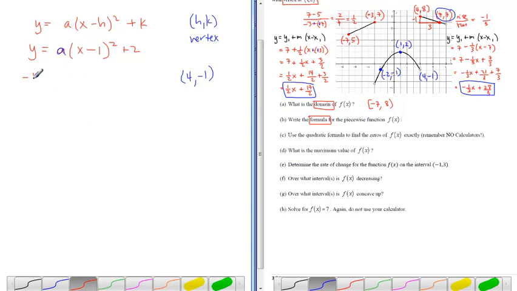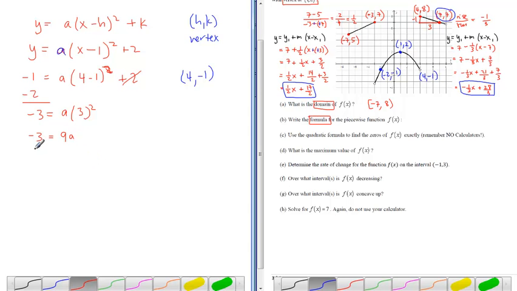So I'm going to get -1 on this side. Still don't know a. 4 minus 1 squared plus 2. So I can crunch some of these numbers. I'm going to bring this 2 to this side. That'll give me -3 on the left. And inside, 4 minus 1 is 3, and 3 squared is 9.